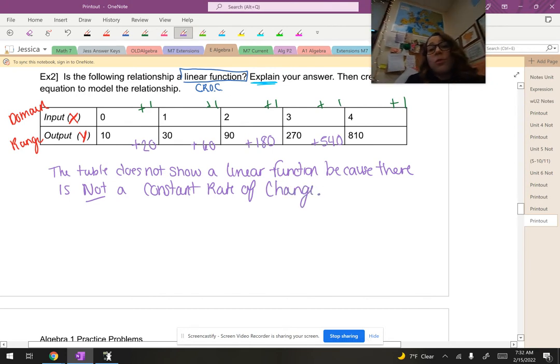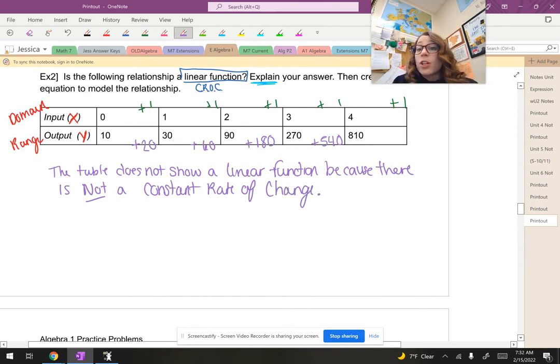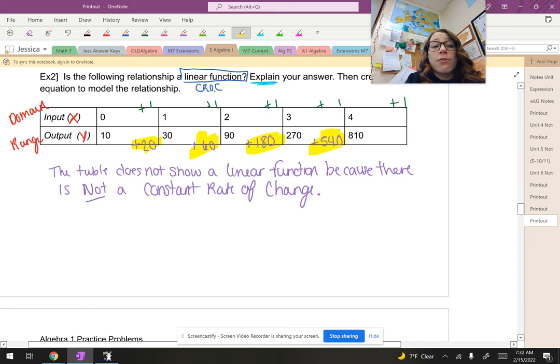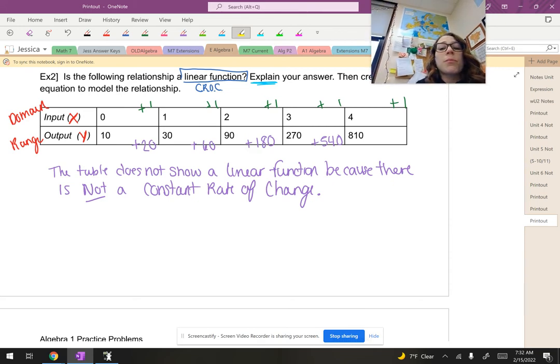You don't have to do change in y over change in x if you show me this work. This is enough to show me that it's not a constant rate of change, because it's going up by a different amount each time. But you do need to show some work. If you just write there's not a constant rate of change and you don't have any proof, you're going to lose some points.